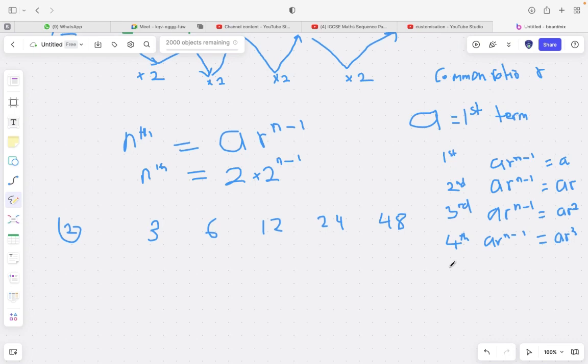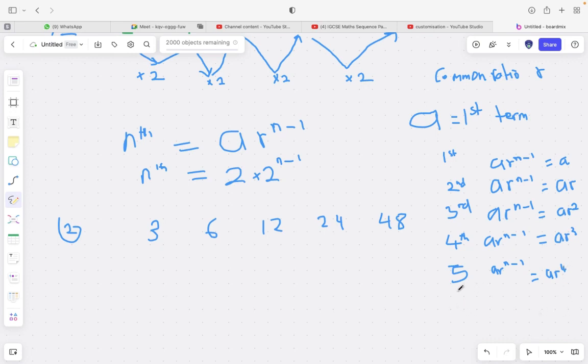Okay, for fifth term of this geometric sequence, the formula is ar raised to power n minus 1, for the nth term. So for fifth term, n is 5. You say 5 minus 1, that's 4. So you have ar raised to power 4.